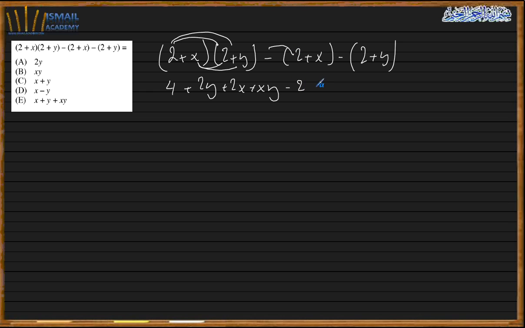Distribute the minus, minus 2 minus x minus 2 minus y. So 4 minus 2 is cancelled out because minus 2 minus 2 is minus 4 plus 4 is 0. Alright, so 2y minus y is just y, 2x minus x is x, plus xy. So E is my answer.